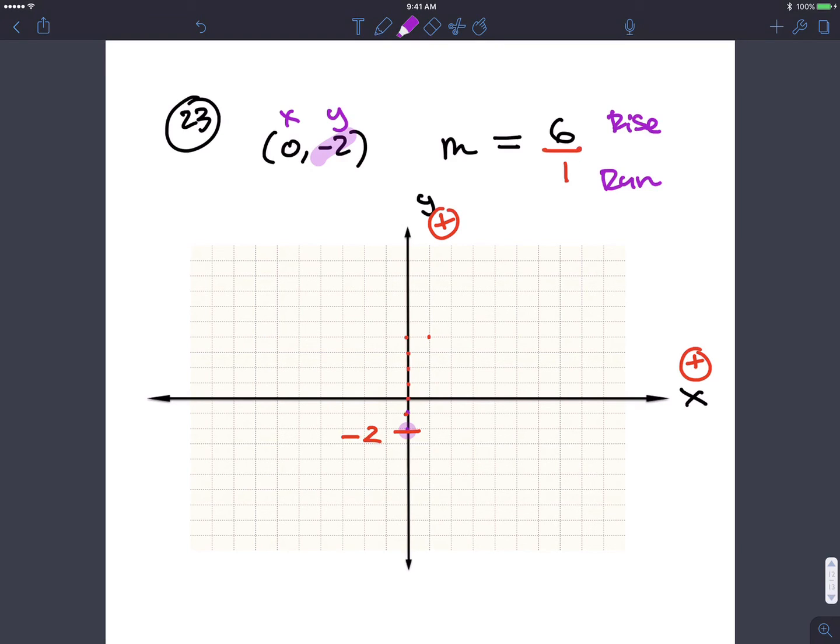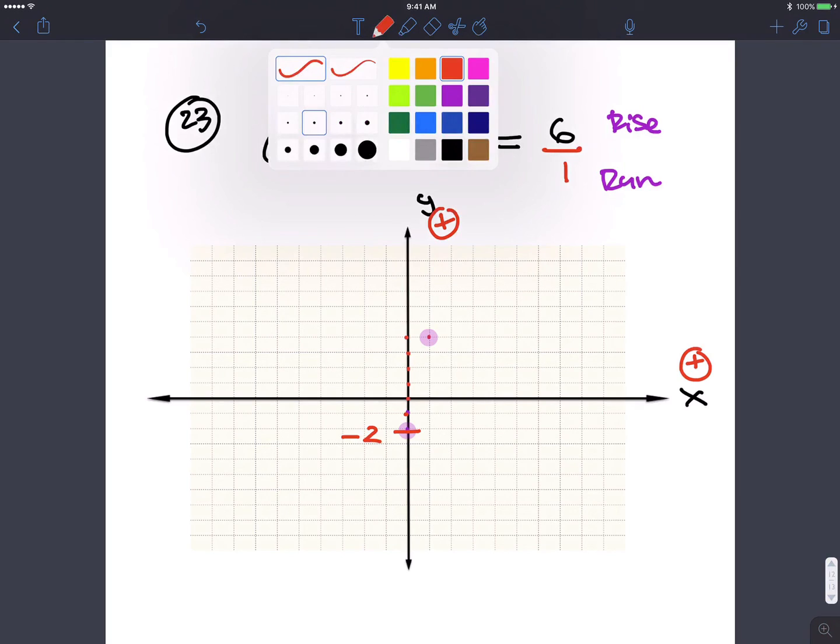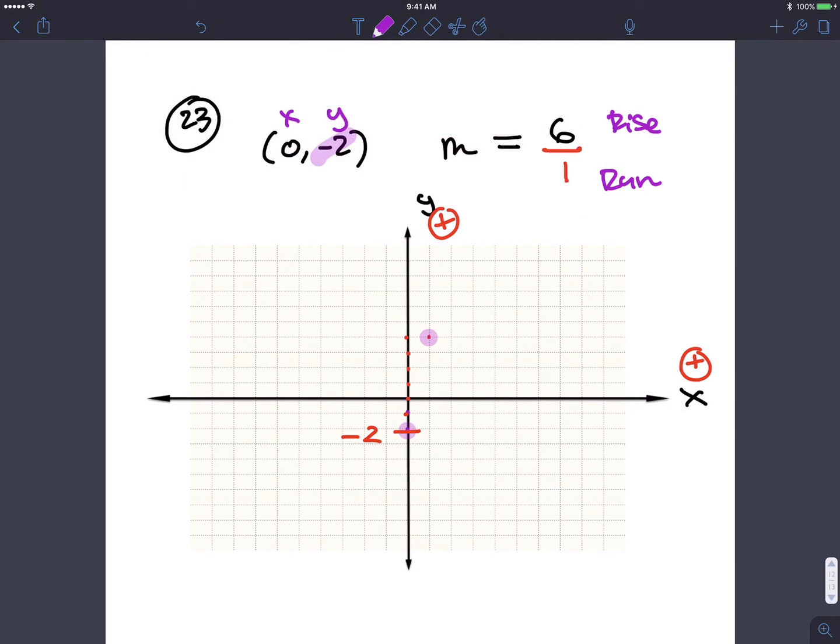This is the location of our second point. Let's draw our line. And we're done.